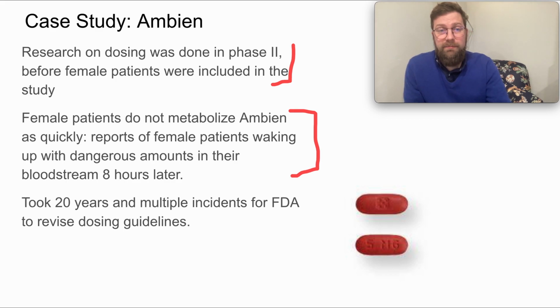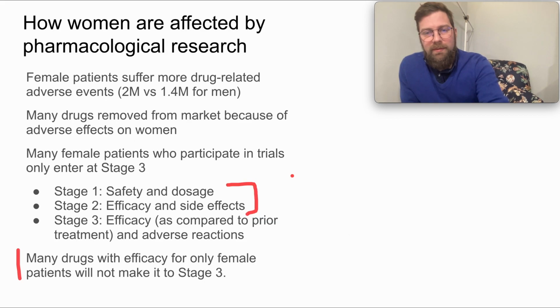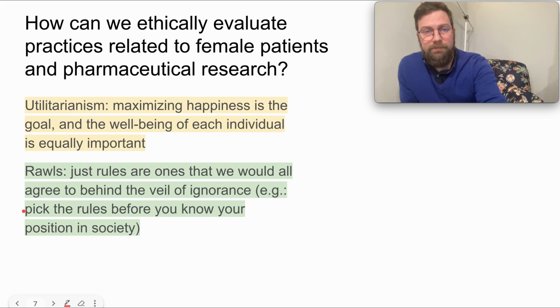The big explanation for why this happened is because women were excluded from the phases of the drug trial where safety and specifically dosage were worked out.